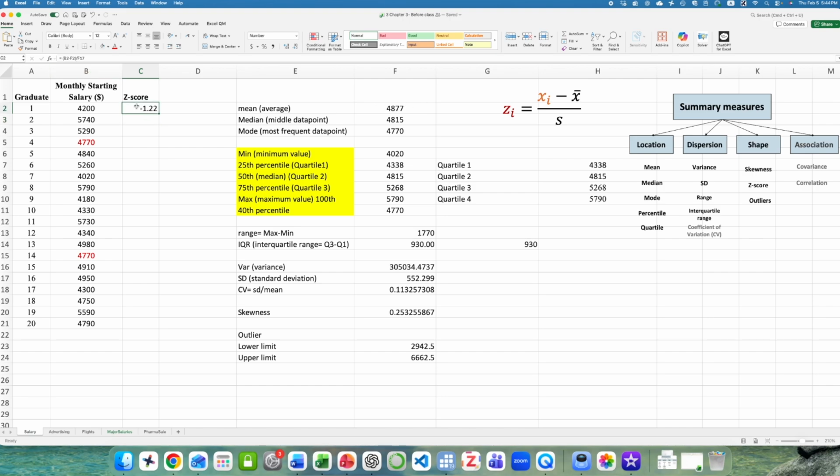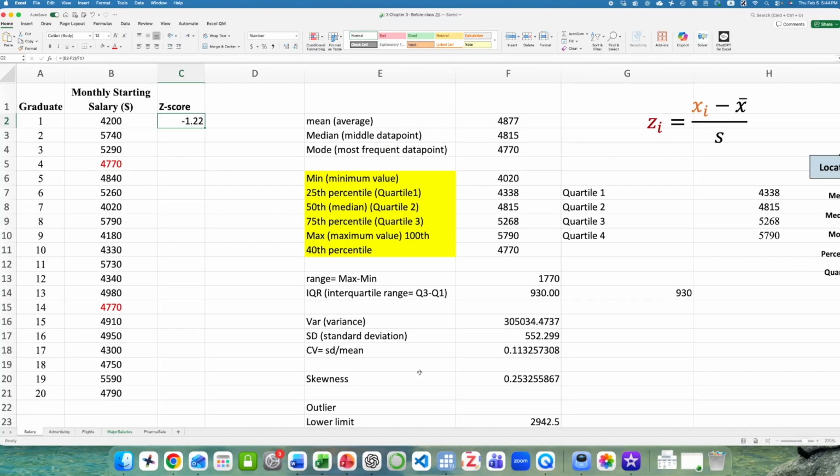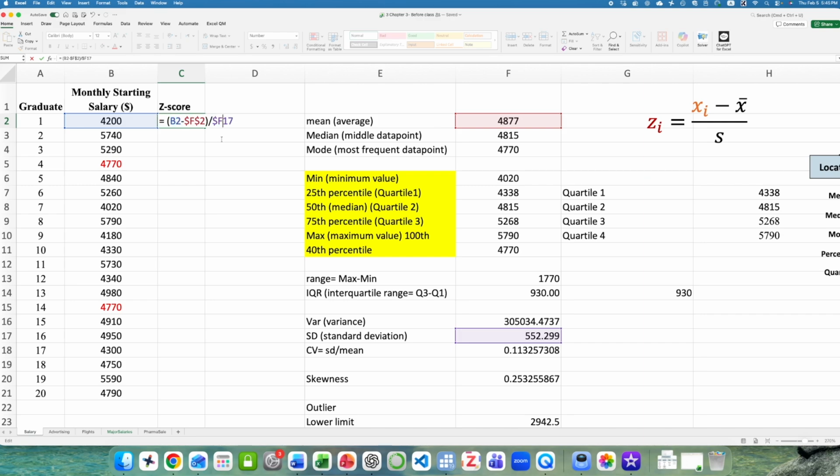I can repeat this for the other data points. However, first I need to fix the location for the mean and standard deviation in this function. For that, we add a dollar sign before and after the column ID for the mean, F17. So I add a dollar sign before and after F. Also fixing the standard deviation, a dollar sign before and after the column ID of the standard deviation cell.